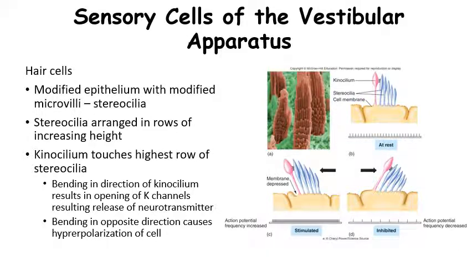So let's look at the sensory cells of the vestibular apparatus. Again, these are modified epithelial cells. Okay, so they are not neurons, but they're going to be associated with neurons, and these modified epithelial cells have this microvilli, or what we call stereocilia. Okay, these hair-like projections.